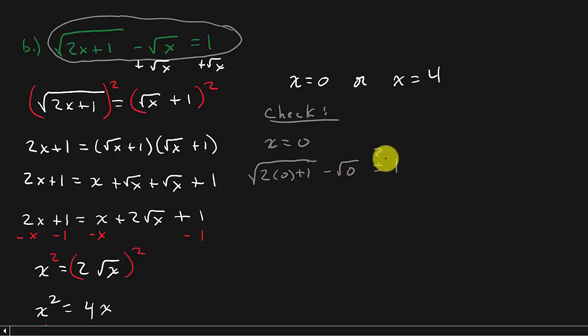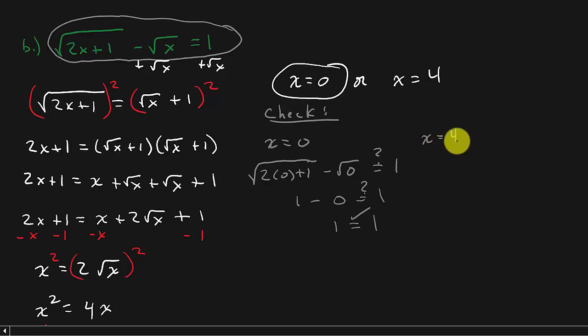I need to know, is that a true statement? Well, 2 times 0 is 0. 0 plus 1 is 1. The square root of 1 is 1, minus the square root of 0, which is 0. 1 minus 0 is 1, which equals 1. That checks. And so x equals 0 is a solution.